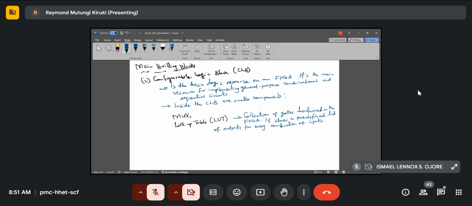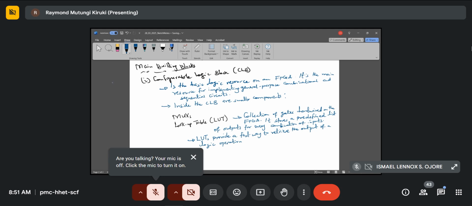So the lookup tables, the LUTs, provide a fast way to retrieve the output of a logic operation, because the results are stored and then referenced rather than calculated.